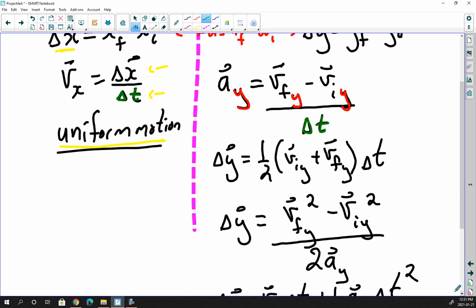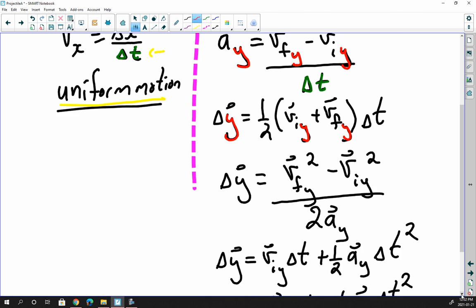Similarly, you might have remembered this equation here, delta D equals. We can't use delta D. You have to break it down into components. Change in the y component of the position is equal to half initial velocity y component plus final velocity y component. So all those equations with delta D, they're gone.